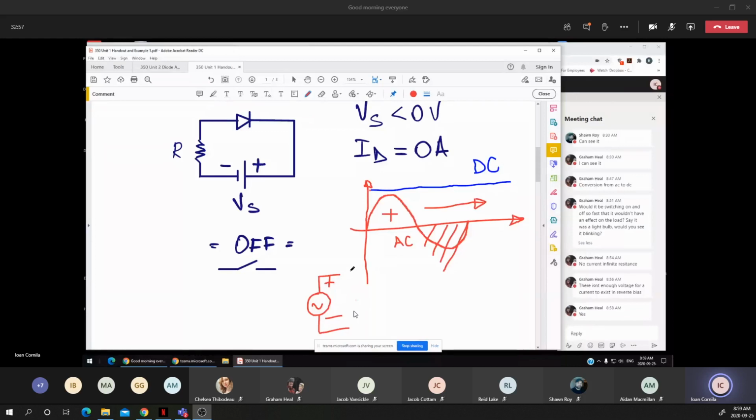The current is flowing in the circuit, and this is what you want to achieve: a current that is unidirectional, or has a single direction. For the second half, the negative half of the voltage source or the waveform, the diode is in off state and there is no current that flows through it.